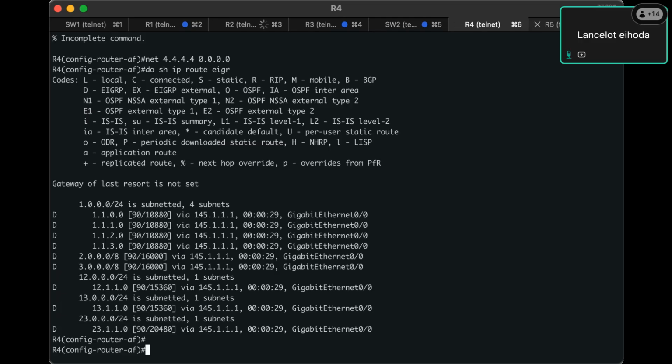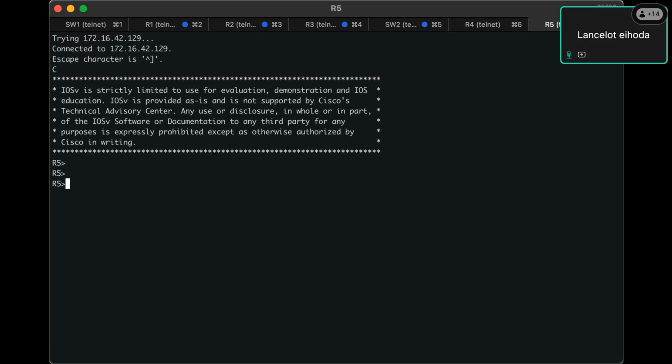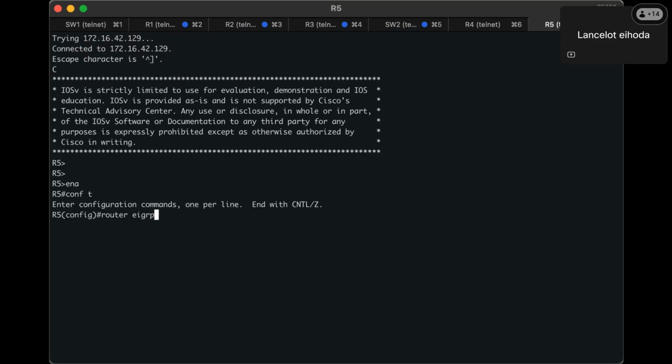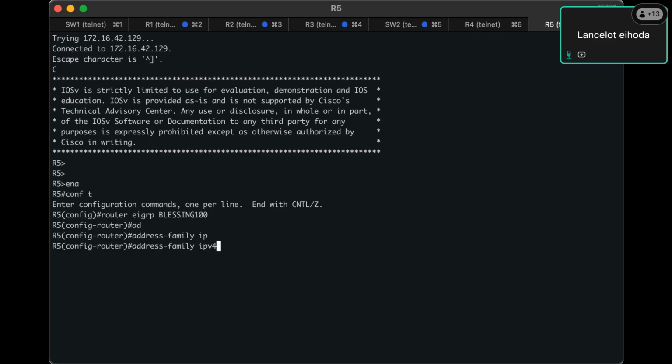So let's do the same for router 5. Since blessing just came, let's name it after blessing, and let's put that 100 keyword there. Let's remember it's in the address family of IPv4. As I said earlier, you can do IPv6 in the same space. The autonomous system is still 100.